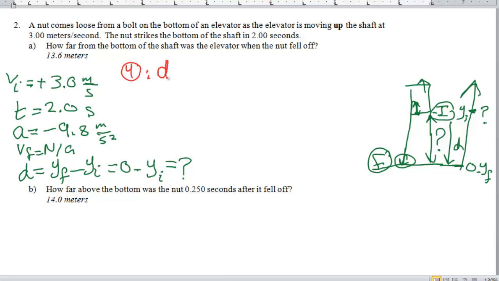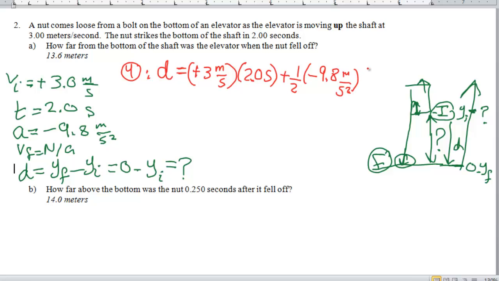The displacement is equal to the initial velocity times the time, which will be positive 3 meters per second, times the time, which is 2 seconds, plus 1/2 the acceleration, which is negative 9.8, and this is meter per second squared, times t squared, so times 2 seconds, and this is all squared.